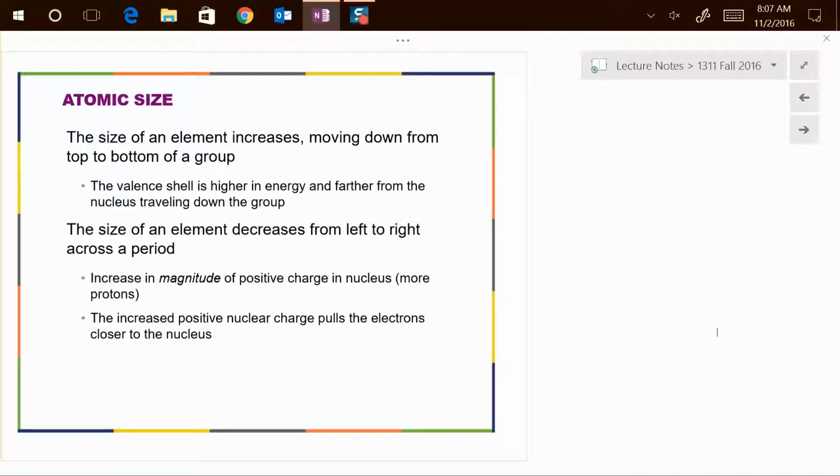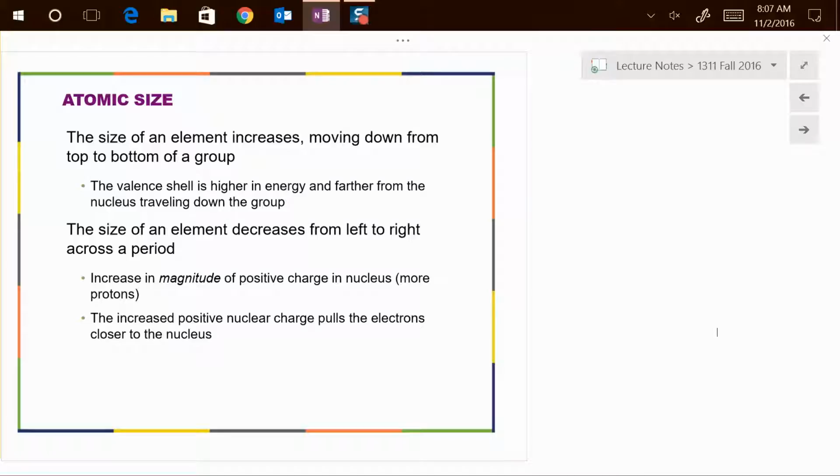But when we get here to the second energy level, that's when we get kind of confused about the size, because we're saying, oh, wait, lithium is bigger than fluorine. Size actually decreases as you go across a period from left to right.